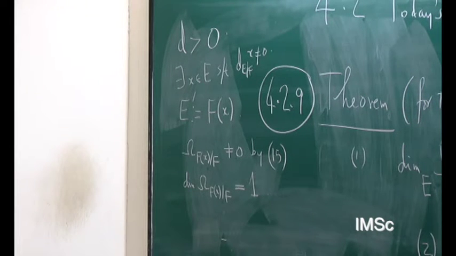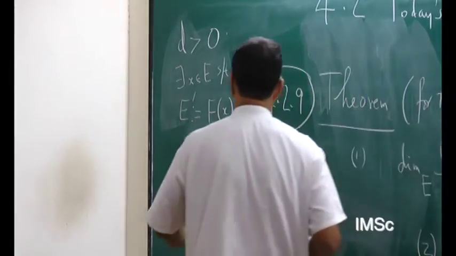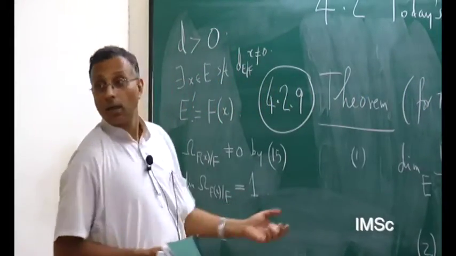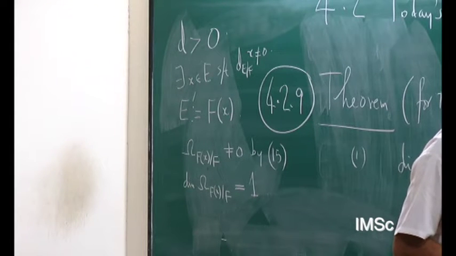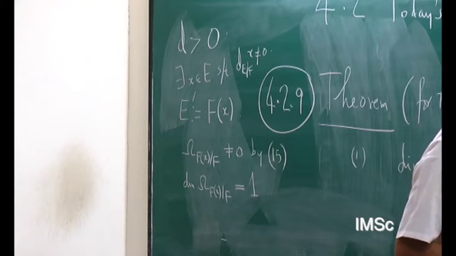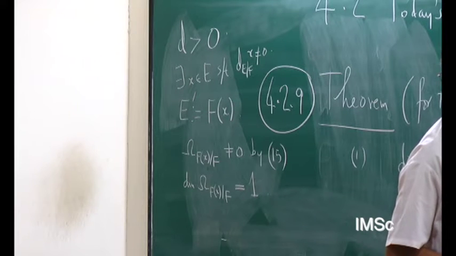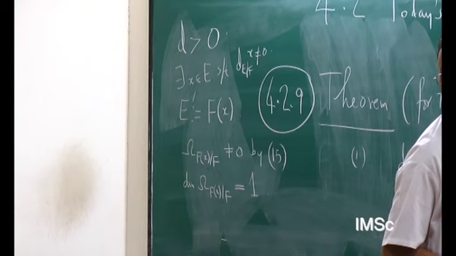Right? Now, that means that alpha is injective. See, this is one dimensional, and there is a dx here which is non-zero, right?